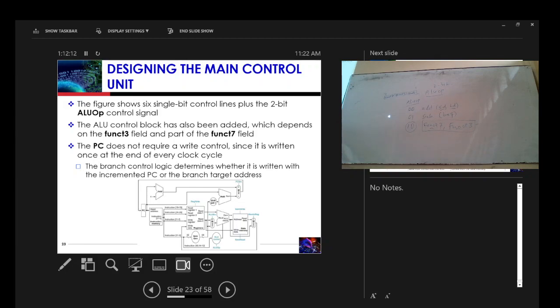If this control line is a 1, we are selecting from this one. It means that it will be some kind of immediate value plus the PC. It's as simple as that.